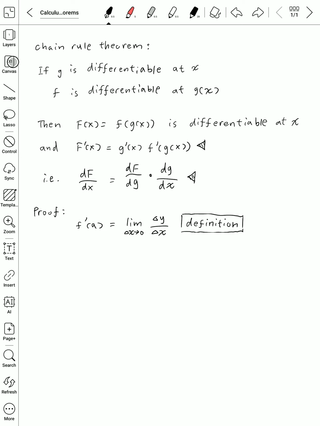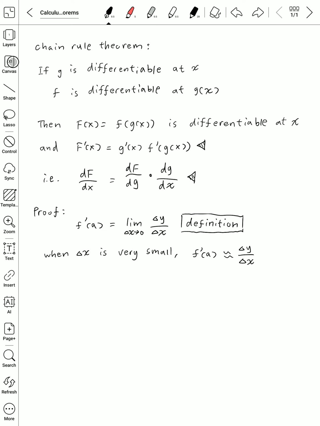But from this simple definition, there's a few results that we can see, and one of them, for example, is when delta x is very small, the derivative of f is approximately equal to delta y over delta x. Approximately and not exactly.